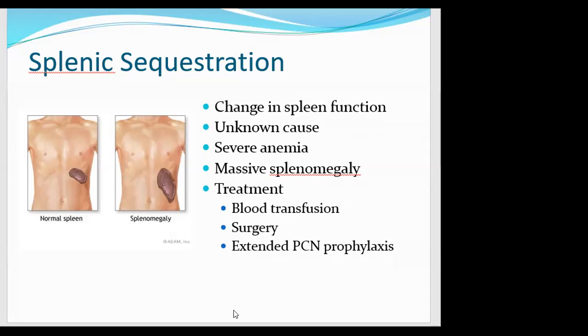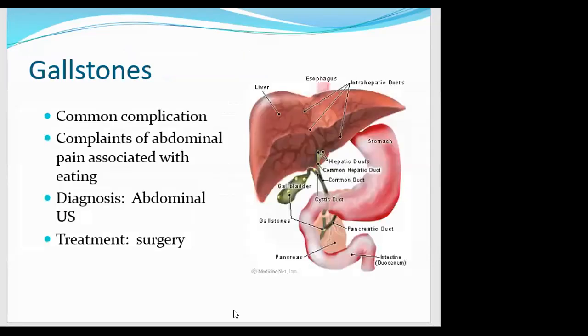So then you're going to have a really big spleen and signs of severe anemia, right? Because there's no blood in the body. Treatment for this is a blood transfusion and surgery to remove the spleen. Like I said, once you remove the spleen, we're going to extend your prophylactic penicillin. So you'll be on prophylactic penicillin for a lifetime.